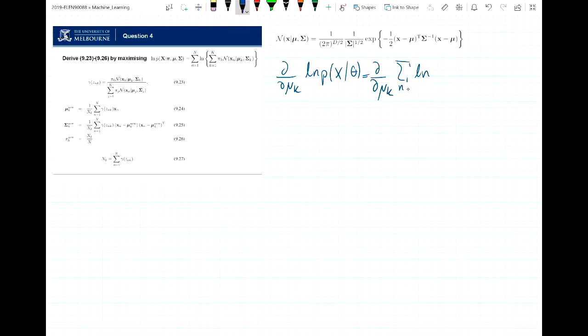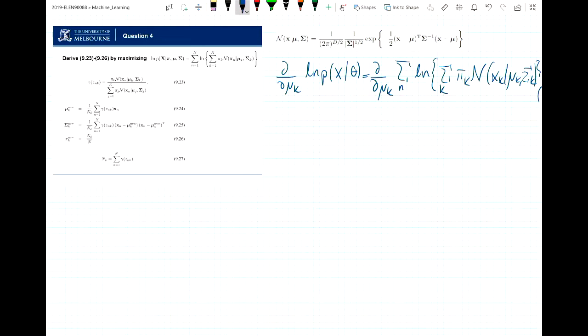So that would be n, and then there's a k sum pi k, and the Gaussian distribution of x given mu k sigma k, and that's what this is. I put it here for the convenience.